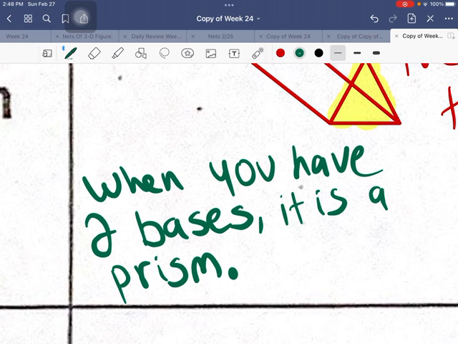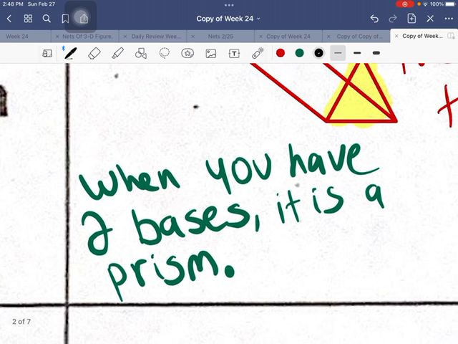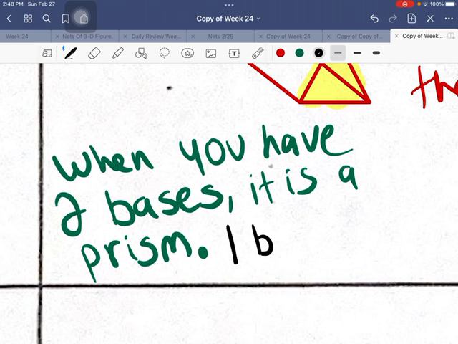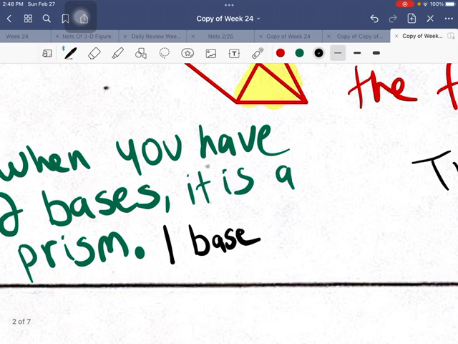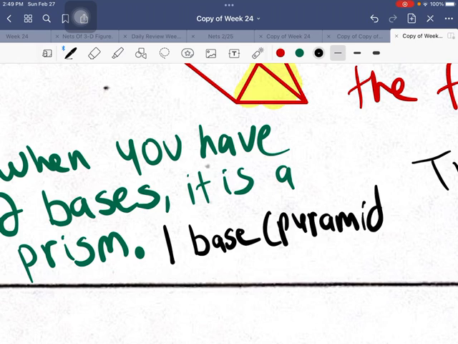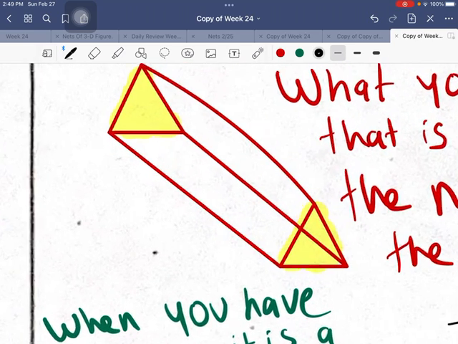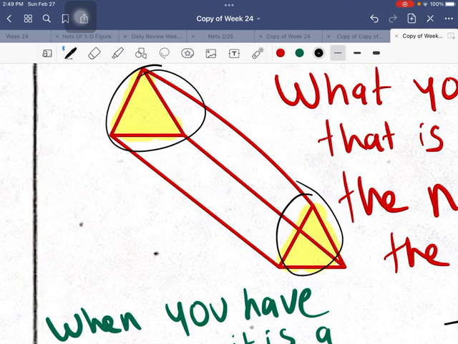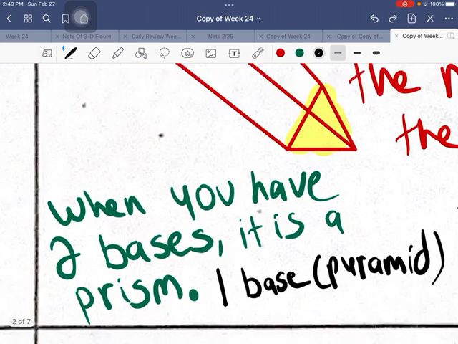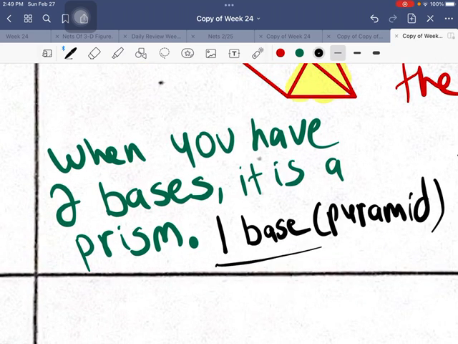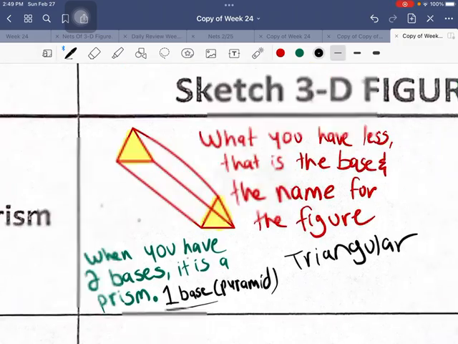When you just have one base, it's a pyramid. One base, it's pyramid. Just not to make it that long. So when you have two bases, right here, you have 1, 2, it's automatically going to be a prism. When you have one base, it's going to be a pyramid.